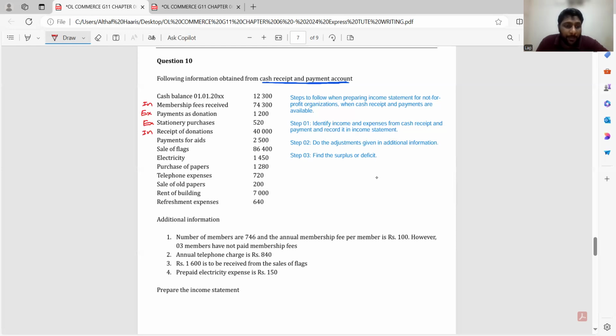Payment for AIDS people connected with expenses. Sales of flag connected with income.